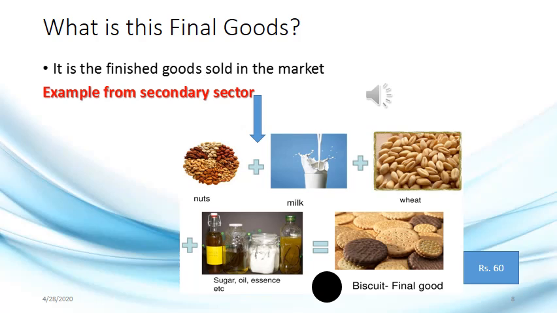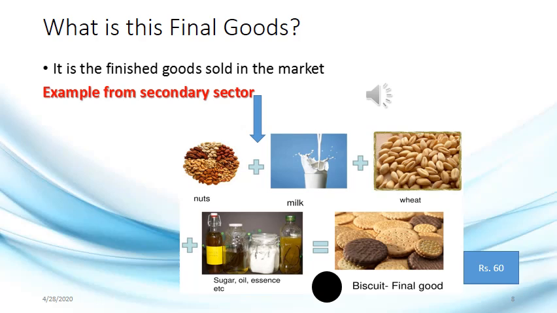So, final goods and the final value. A final good is the finished good sold in the market, and its value will be calculated. It is a huge task. From all the states we have to get the report, and all the state governments need to submit the report to the central government.